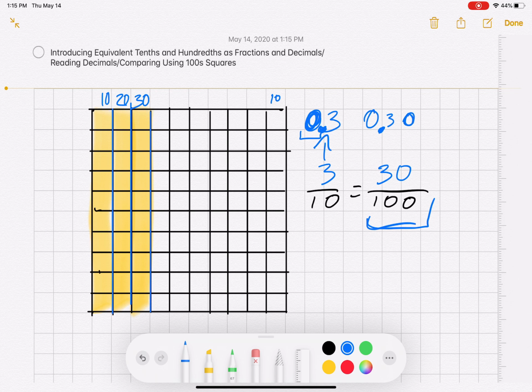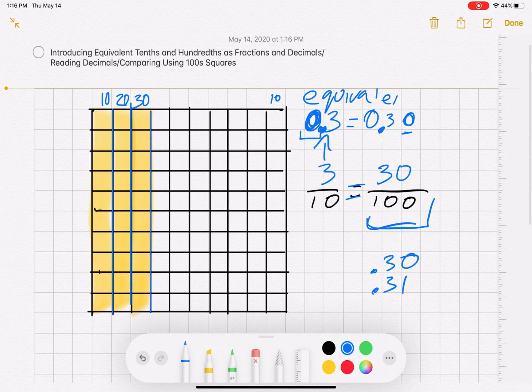And why we would need this is, what if I was measuring something and I actually had 31 hundredths, or it needed to be exactly 30 hundredths because it's so small. It needed to be precisely measured. It's very important that I have those smaller numbers put in there so that we get the more exact measurement. So if I'm looking at 3 tenths and 30 hundredths, these are equivalent decimals.